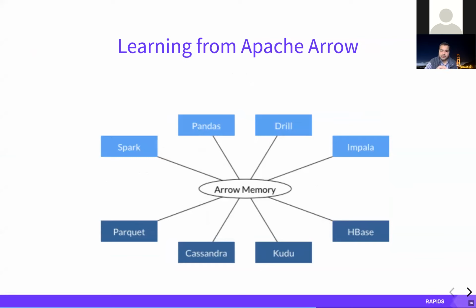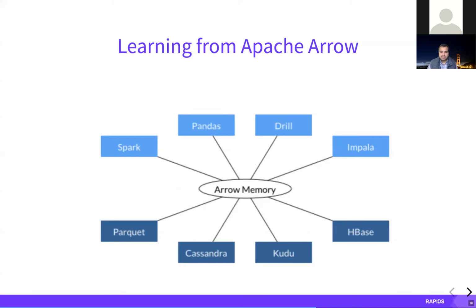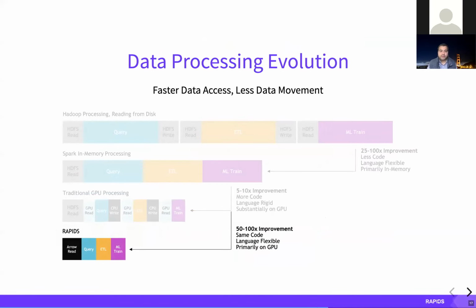Hence, we introduced this idea of Apache Arrow memory, where everyone can adhere to a single format. Once you have that, every single library just needs to pass the pointers to the data set instead of having to copy and convert over and over again. This saved a lot of time on redundant data copy and converts, and this resulted in what we call Rapids today.